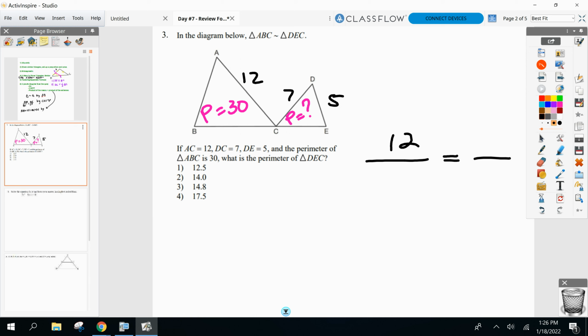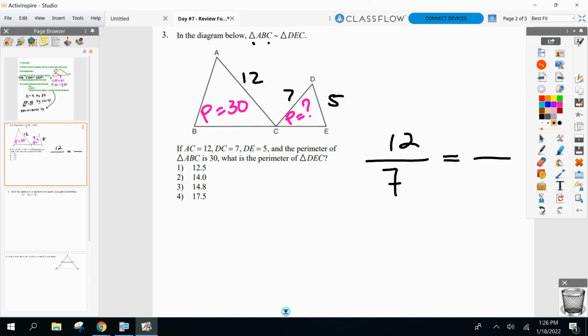Do I guess? No. How am I going to figure out what 12 matches up with? I'm going to use that beautiful statement at the top they gave me. 12 is side AC. So everyone look where A and C are. A, C. What's it match up with in the other triangle? DC, which is 7. So I know 12 and 7 match up just by the statement alone.